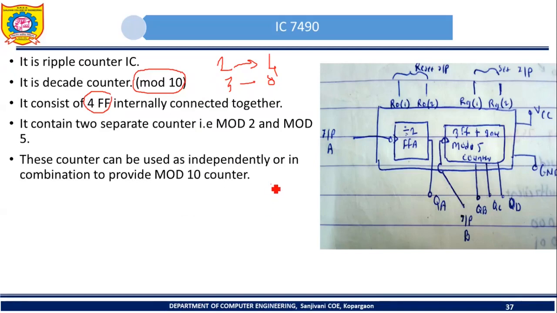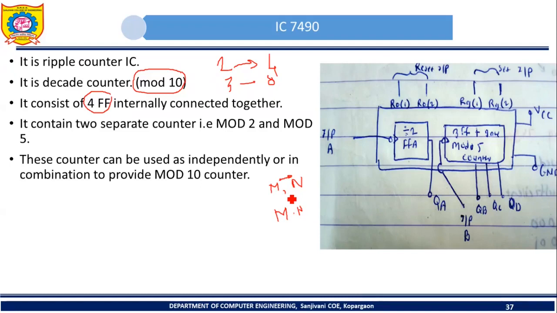So here try to understand that if we have a mod m counter, and the second one is mod n counter, the first counter is mod m, so mod m means it will have m number of states. The second counter is mod n, meaning it will have n number of states. If we cascade these two counters, how this cascading can be done, we are going to see. The resulting counter will be mod m into n.